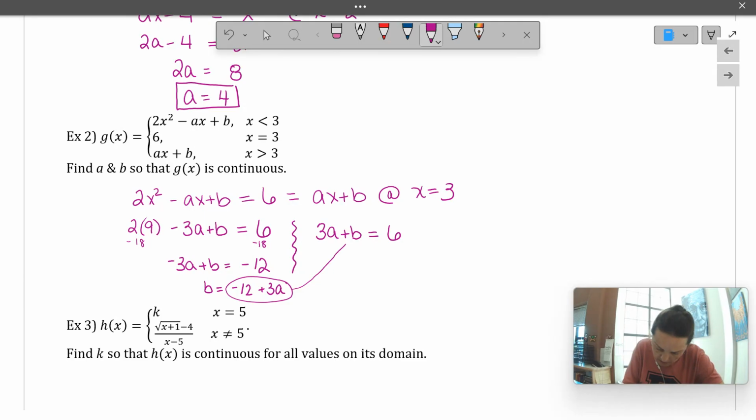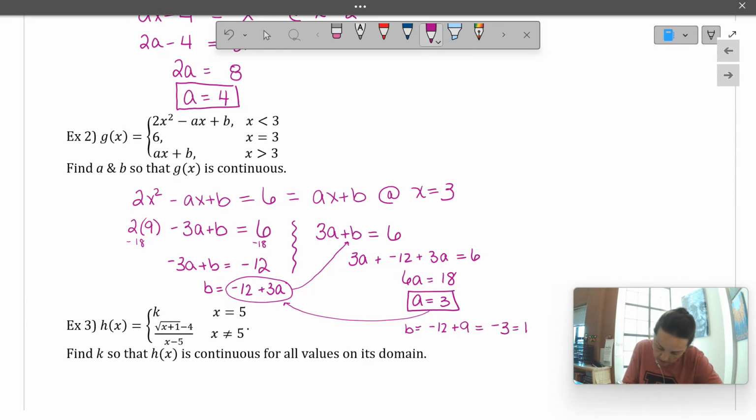So I'm going to move that b, give it to this side, and say 3a plus negative 12 plus another 3a equals 6. 6a would need to equal 18 if I add the 12 to both sides and combine the 3a's. So a is 3. And if a equals 3 goes back into here, b is negative 12 plus 9, which is negative 3. And there's that one.